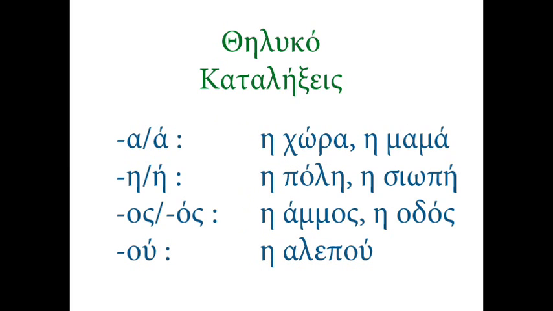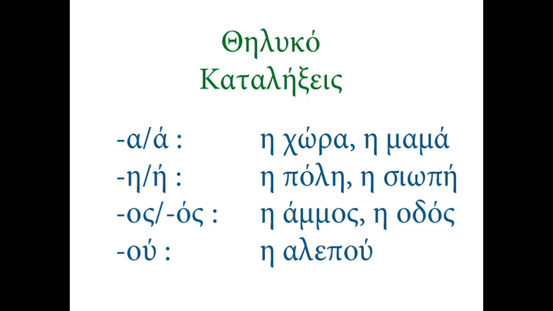Well, here we have the feminine nouns and their different endings. As you can see, there are 4 different endings for the feminine nouns in Greek. The first one is -α or -ά with an accent. For example, η χώρα, which means the country, and η μαμά, which means of course mom. The second ending is -η or -ή with an accent. For example, η πόλη, which means the city or the town, and η σιωπή, which means the silence.